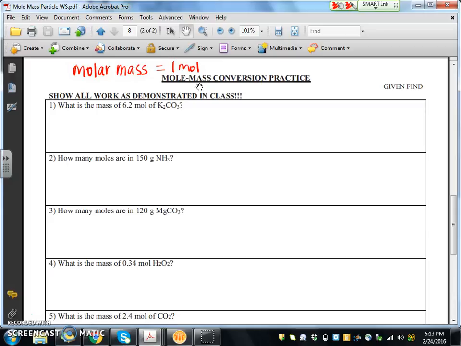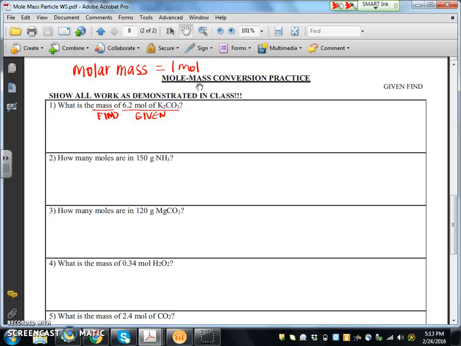So, we will start off with what is given to us in the problem, the same way as we did with the front side of this worksheet. We notice that 6.2 moles of potassium carbonate is what is given to us, and we are trying to find the mass. Now remember, mass is how much something weighs, and in chemistry we use grams to measure that.